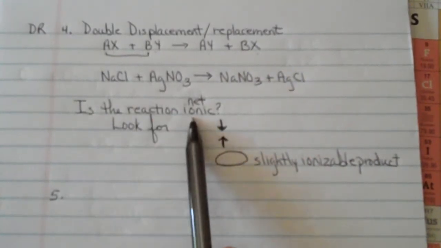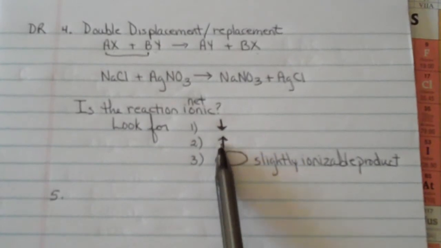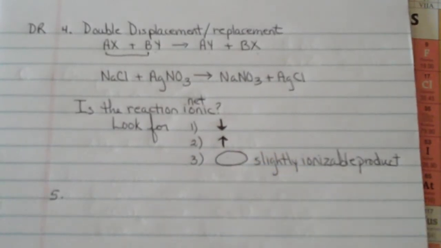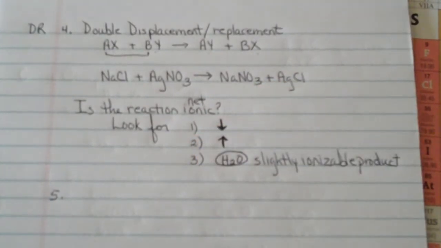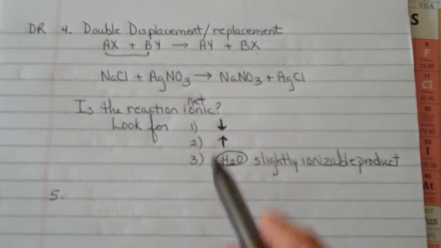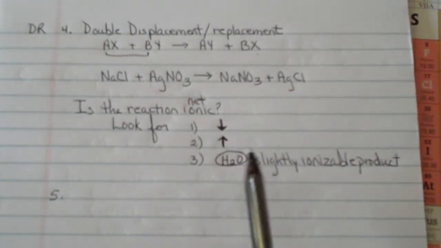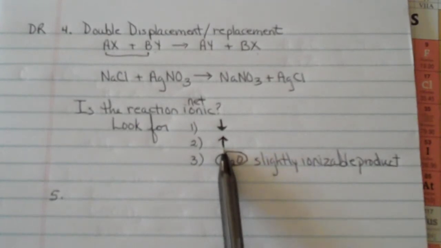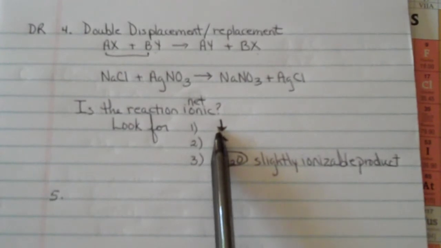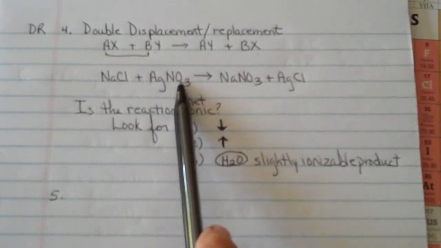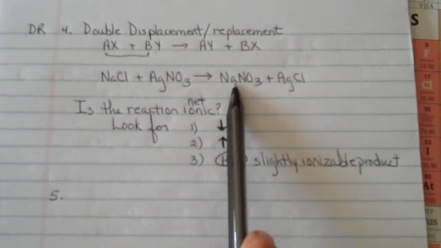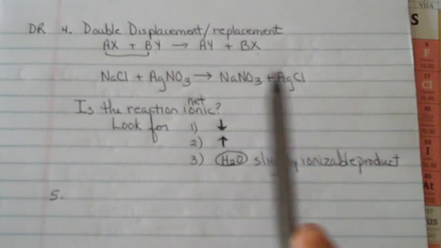What I'm looking for? I'm going to look for a precipitate, a gas, or a slightly ionizable product, which right now the only slightly ionizable product that we know is water. Well, water is not one of the products. Do I see a gas? I don't think so. And so you have to know your solubility rules. First family, always soluble. Nitrates, always soluble. Either rule, first family or nitrates, always soluble.